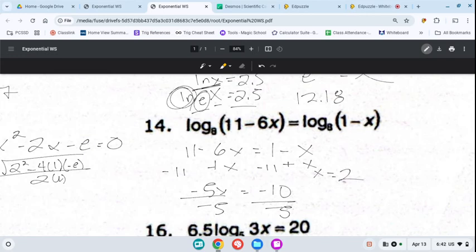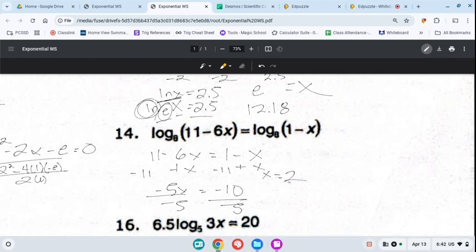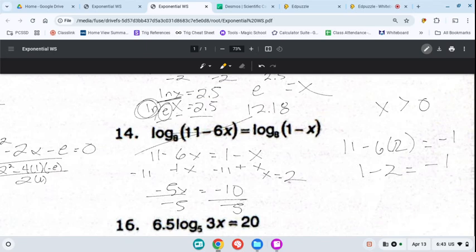I can't stop there. So now what I know, my number one fact that I know about logarithms and natural log is that x must be greater than 0. So when I go 11 minus 6 times 2, well, that's 12. 11 minus 12, that's negative 1. So automatically not true. But I'm going to check it, because 1 minus 2 on the other side equals negative 1.